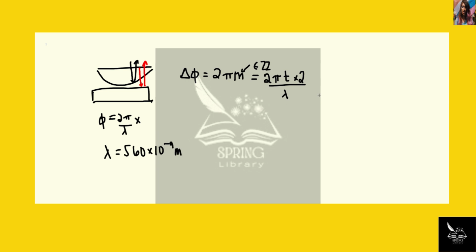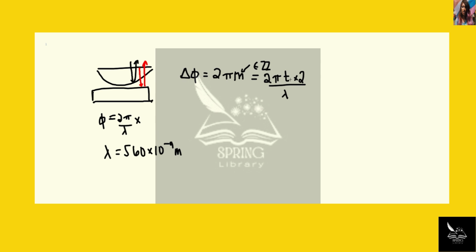This is the condition for constructive interference for m. Actually, m cannot just be an element of the integers; it's more an element of the natural numbers, not including 0, because that would be the case of 0 thickness.